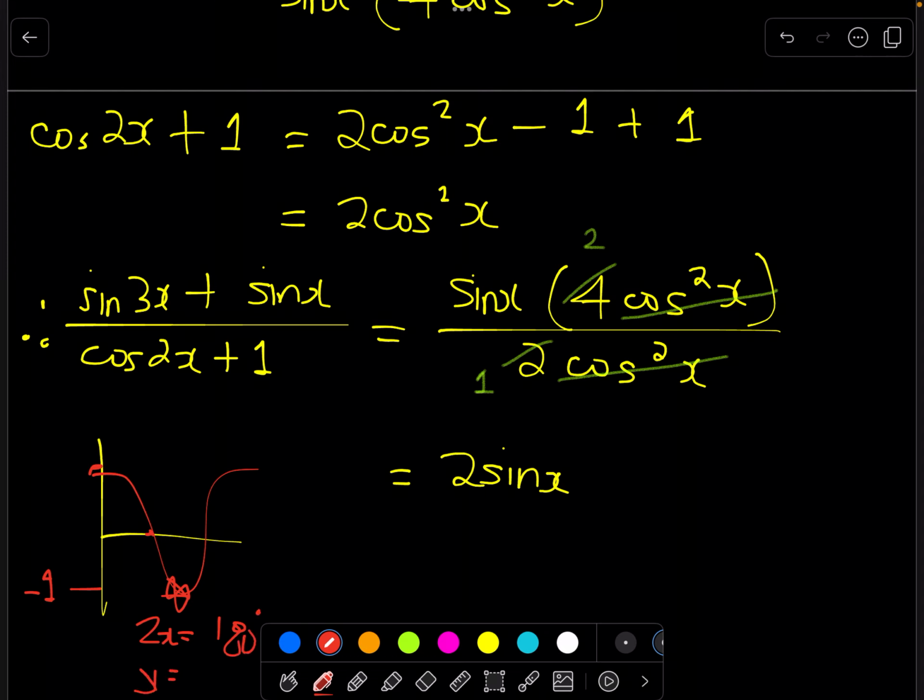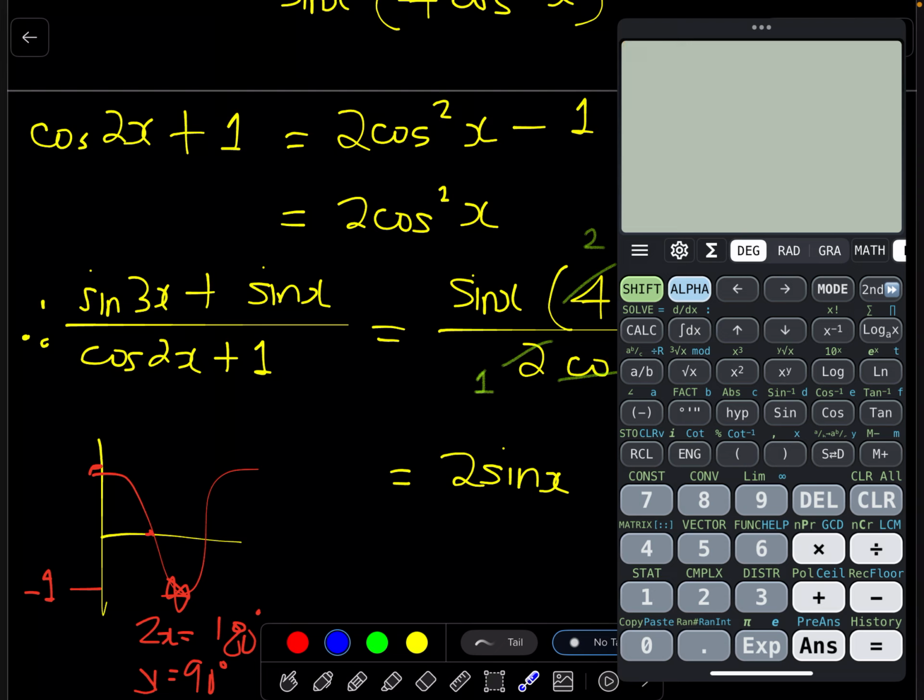So in other words, we don't want x to be 90 or any of those, because this changes the periodicity of the graph. The period will no longer be 360, it will be 180. So 90 plus 180 plus another 180 or minus 180 and so on. We don't want any of those values, so we will avoid them.